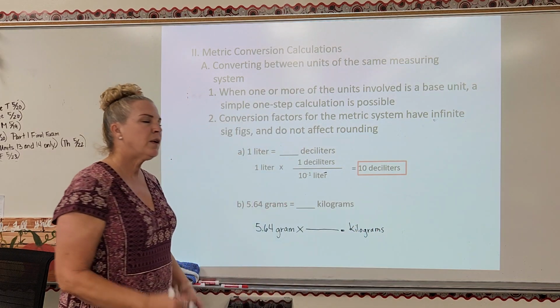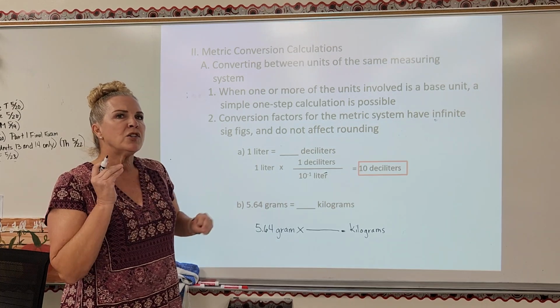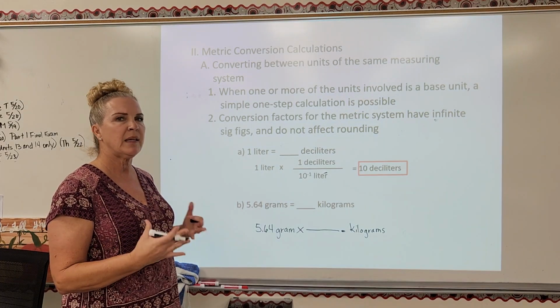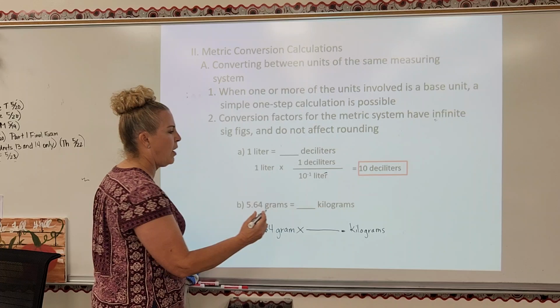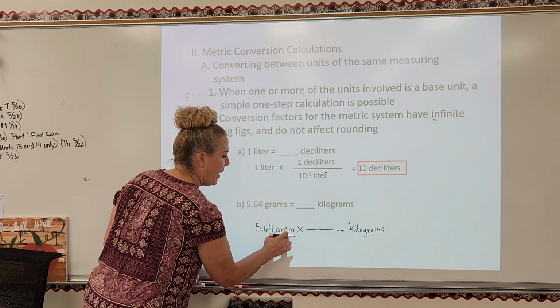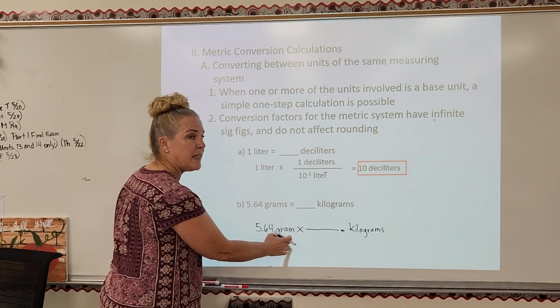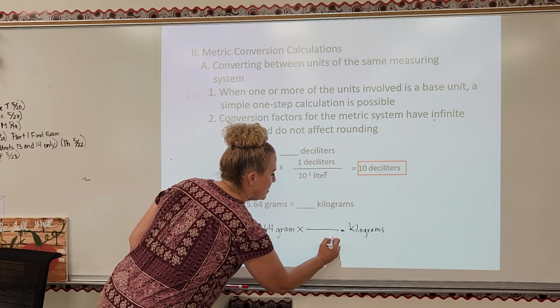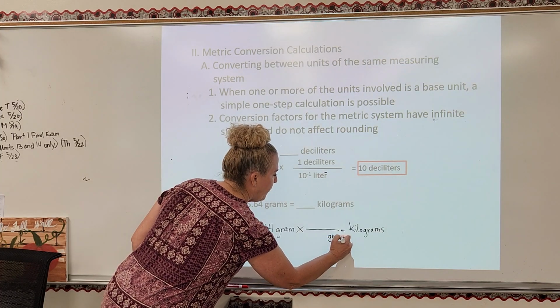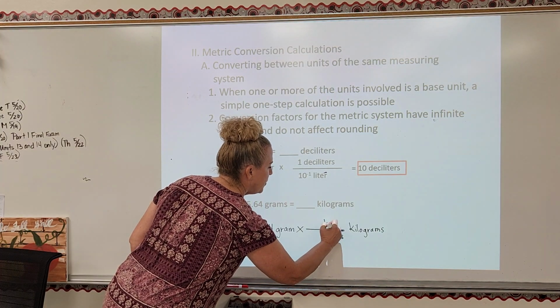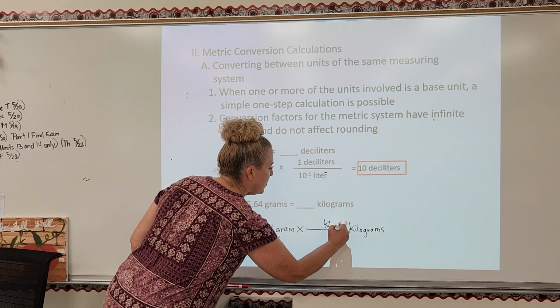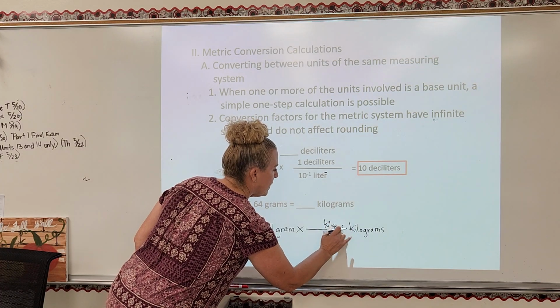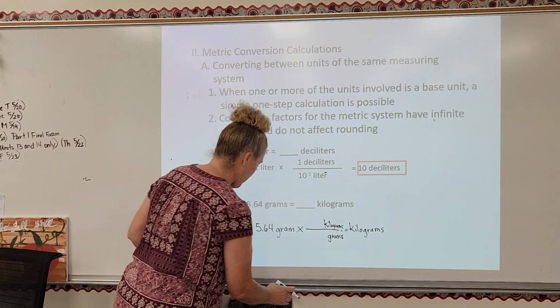So we want to figure out where my grams units need to be and where my kilograms units need to be in order for me to solve this problem. Well, if I have grams here, in order for it to cancel, it has to be down below, and kilograms has to be above.